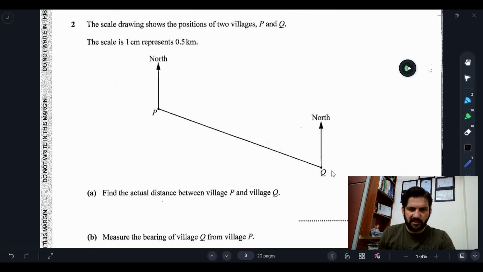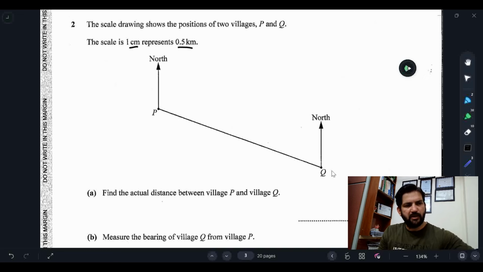Find the actual distance between village P and village Q. What we have to do is just measure the length, and they are saying that 1 centimeter is equal to 0.5 kilometers. I have measured the length on this paper.